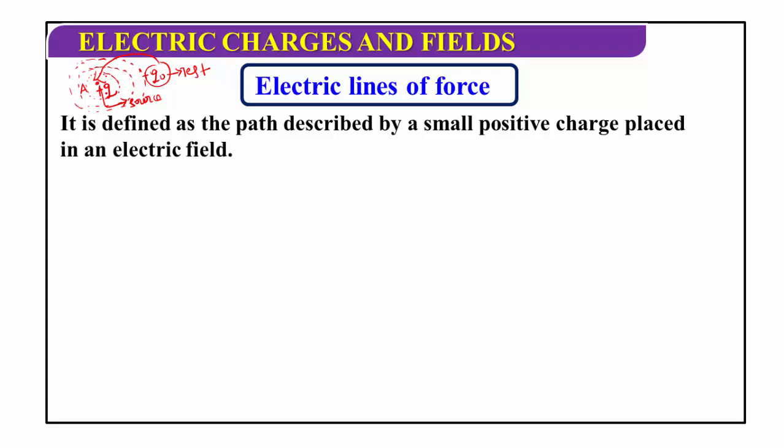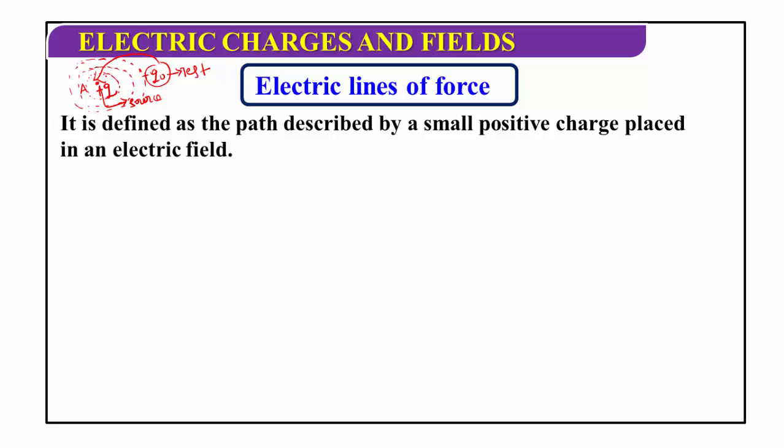Here, a small positive charge is placed in an electric field. The path described by this positive charge is called electric lines of force. These are imaginary lines, or smooth curves, along which a unit positive charge moves or tends to move.